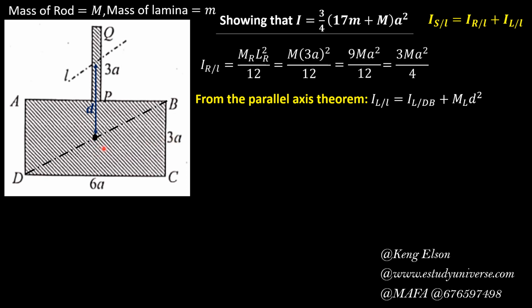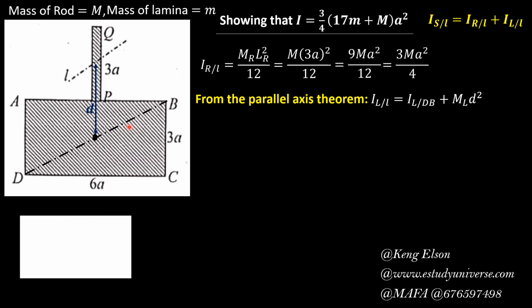Now we need to find the moment of inertia of this lamina about the diagonal. Let me display what we are going to do. We have a square lamina, we have a rectangular lamina, we have the diagonal. To get the moment of inertia of this rectangular lamina about this diagonal, we need to use what we call the perpendicular axis theorem.